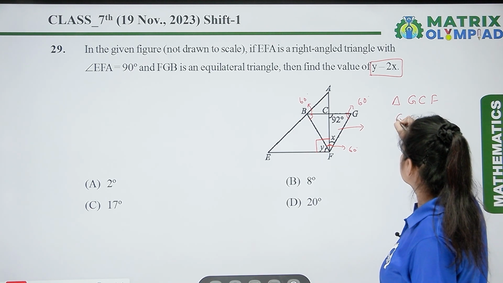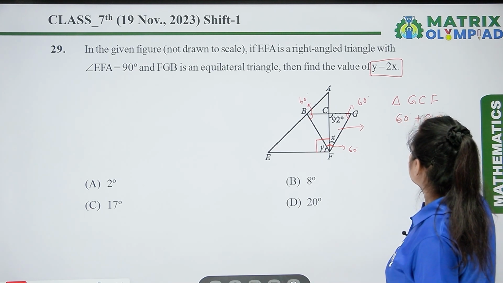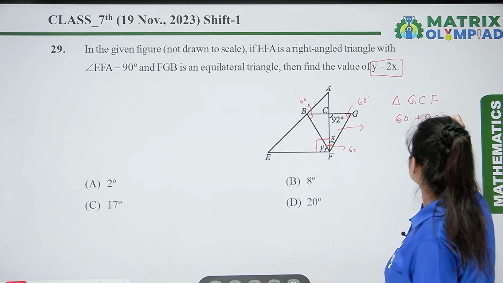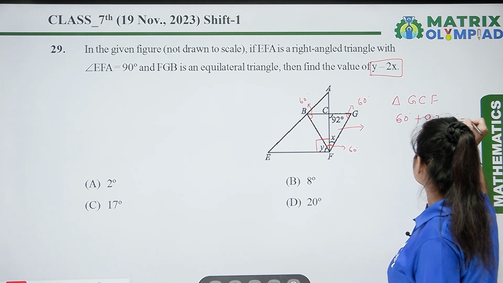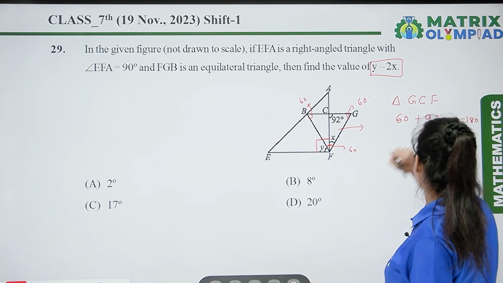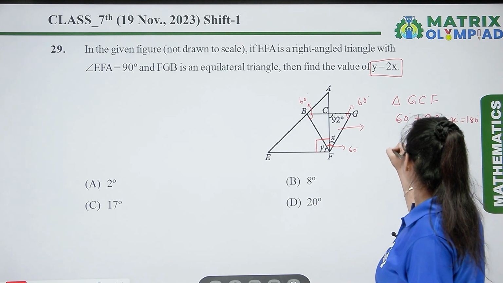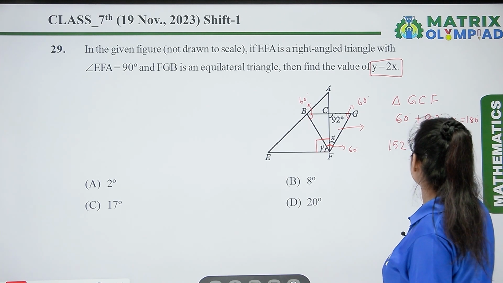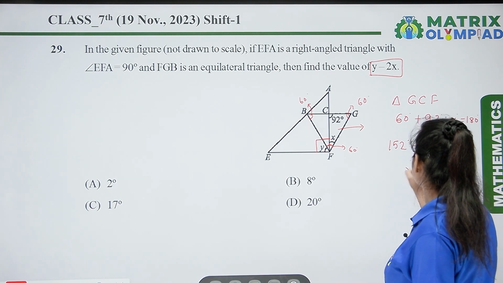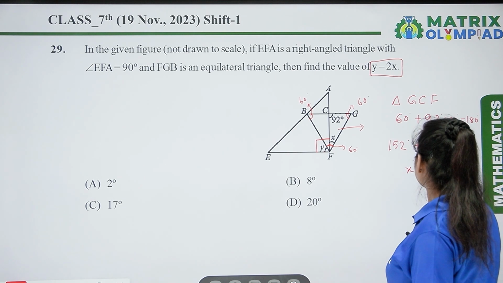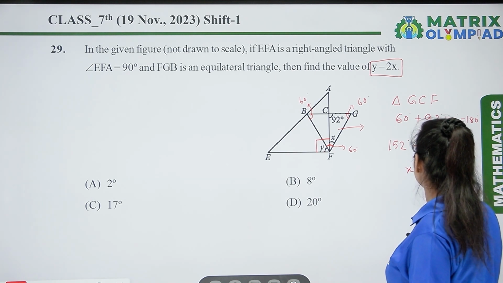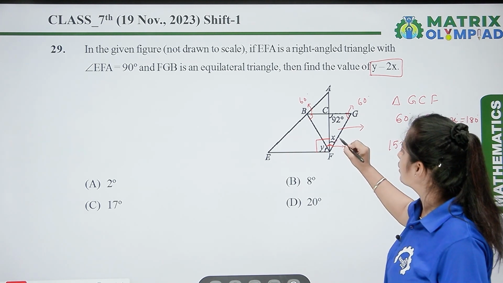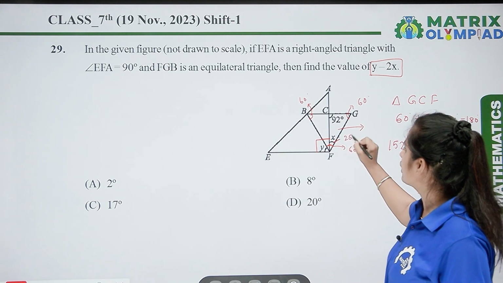Here angle G is 60 degree plus angle C is 92 degree plus angle X is equal to 180 degree. So after calculation we get 152 degree plus X equal to 180 degree. So the value of X is 180 minus 152. It's 28. It means the value of X is 28.